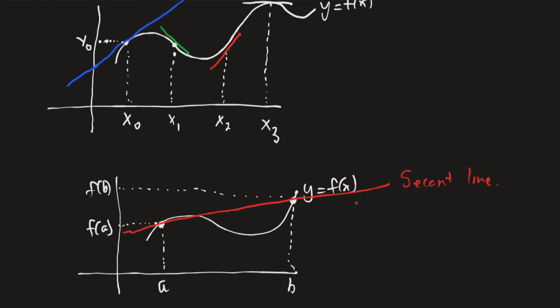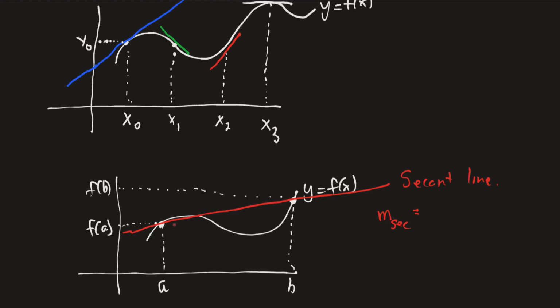And its slope, now we typically use m for slope, so I'm going to use m, and since this is a special line, I'm going to use a subscript, the abbreviation SEC for secant.